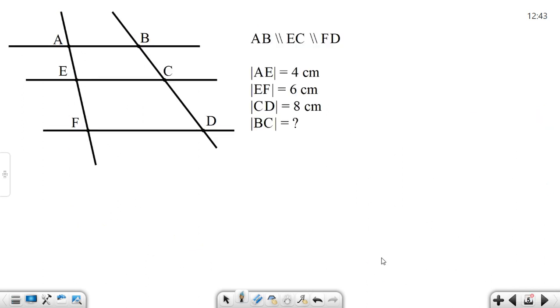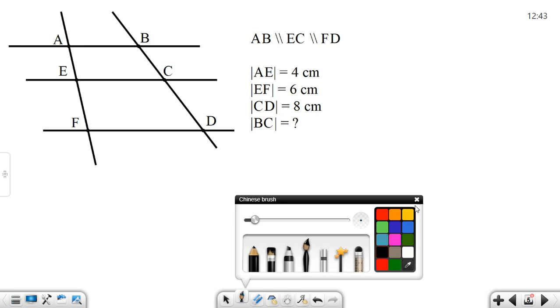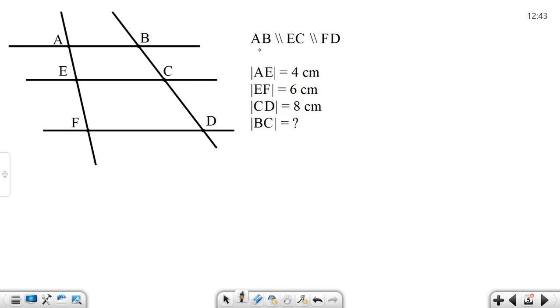Okay, that's another example. AB, EC, FD are parallel. AE is 4, EF is 6, CD is 8, and it's asking about X. 4 over 6, as you see, equals X over 8.